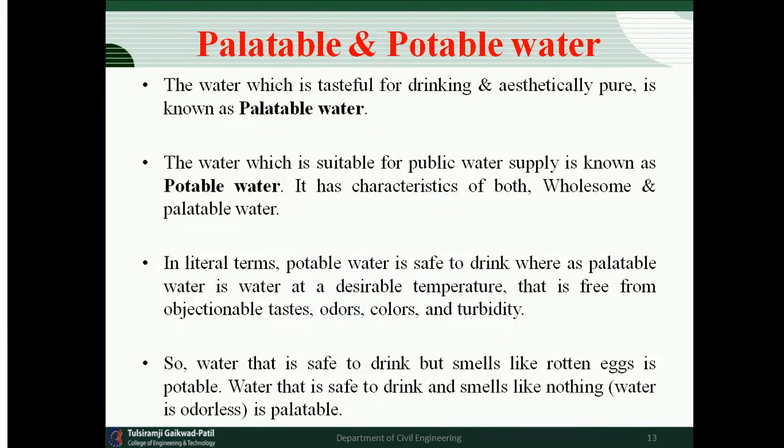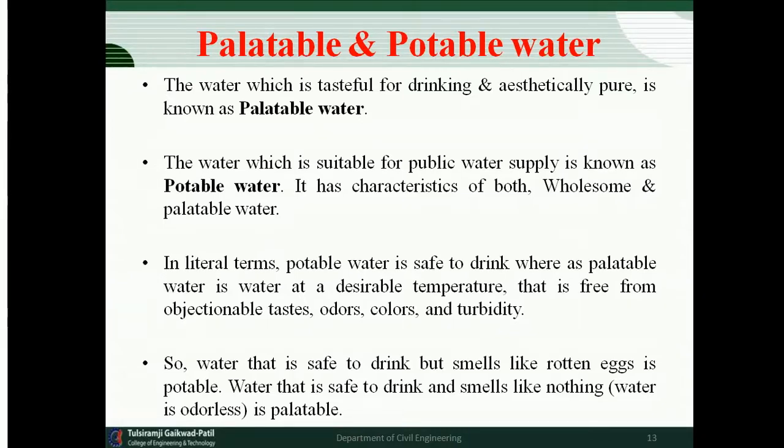Next definitions which we will see are palatable and potable water. These two are very important as these are concerned with drinking water. The water which is tasteful for drinking and aesthetically pure is known as palatable water. So the water which is tasty and is clear with no impurities is known as palatable water.